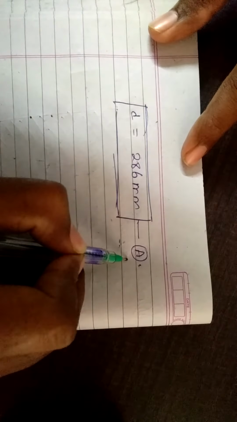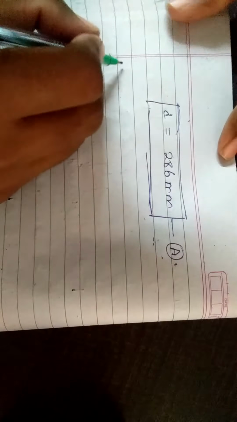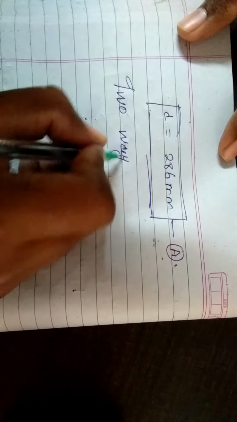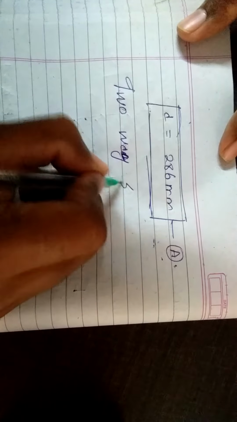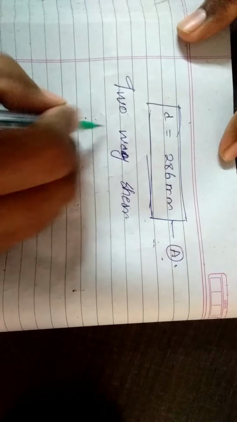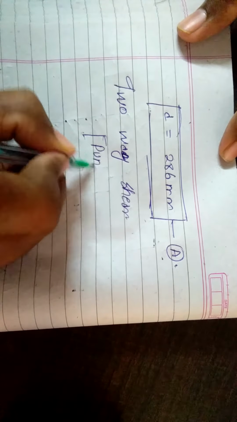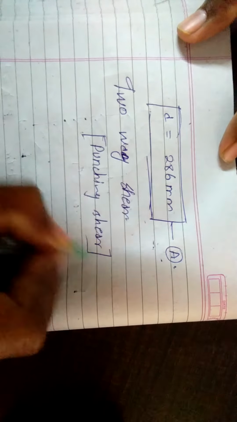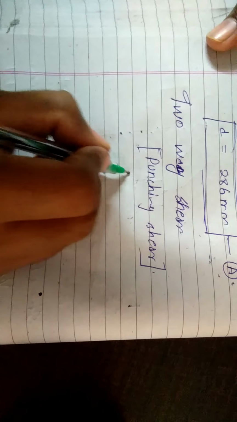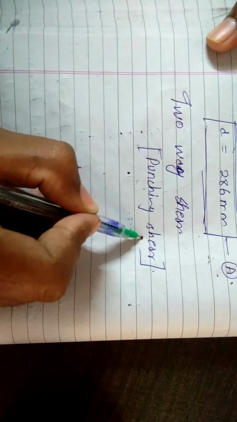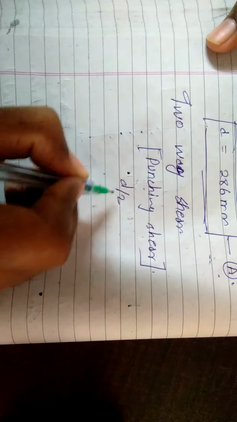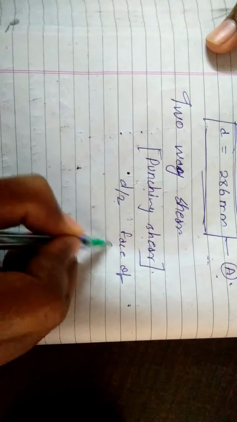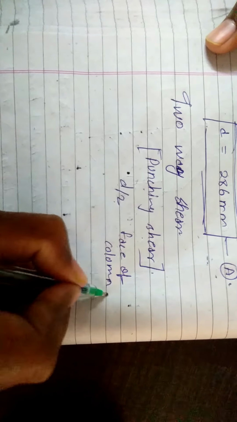Now after that, next one, the two-way shear. The two-way shear is also known as punching shear. The punching shear always acts at d by 2 distance from the face of the column.